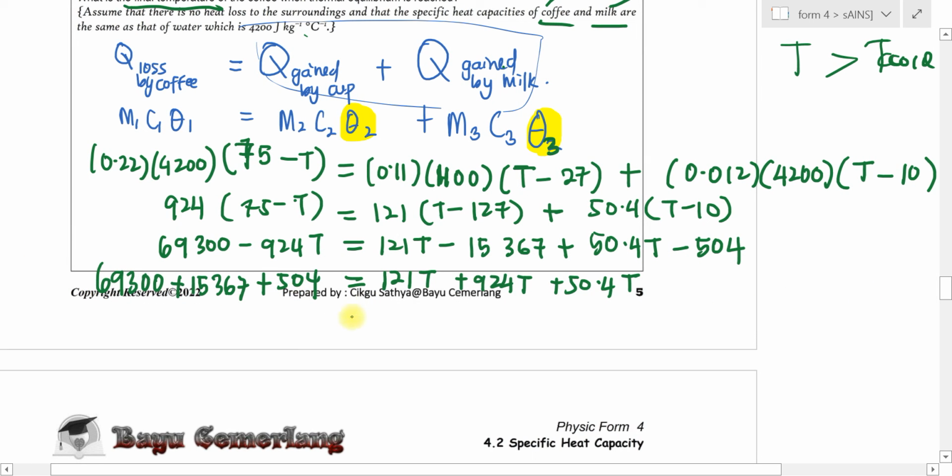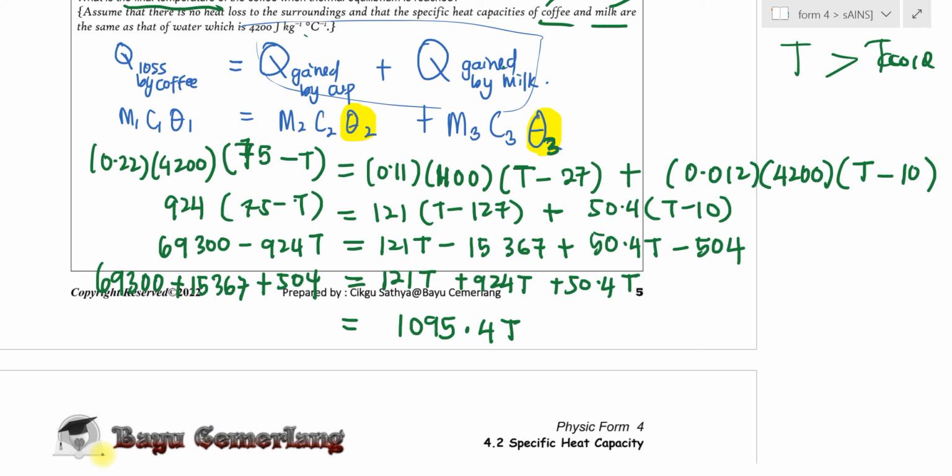Okay, add them up. 1095.4T equals 69,300 plus 15,367 plus 504.